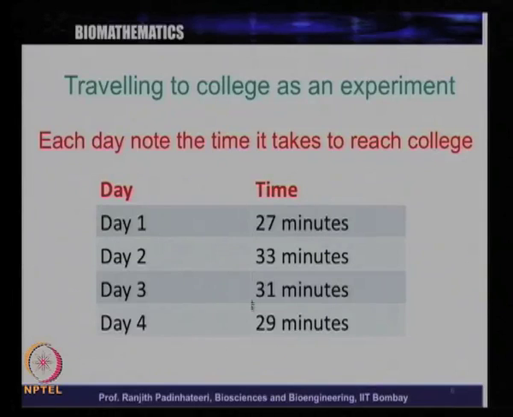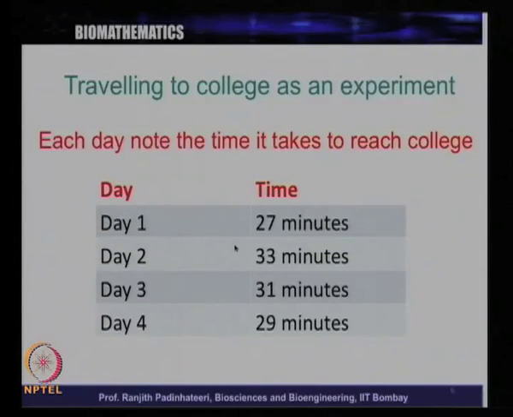Let's say day 1 it took 27 minutes, day 2 it took 33 minutes, day 3 it took 31 minutes, day 4 it took 29 minutes. On none of these days did it take precisely 30 minutes, it's somewhere around 30: 27, 33, 31, 29. Still, when we are asked, we will say it's like 30 minutes. So what do we mean by that?